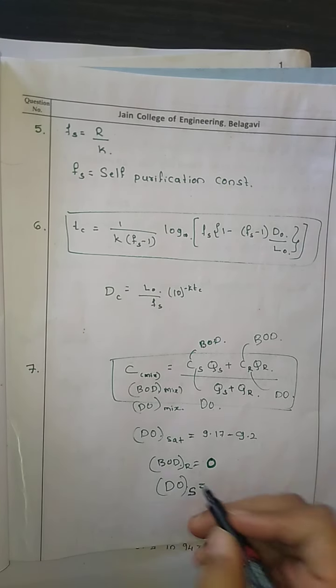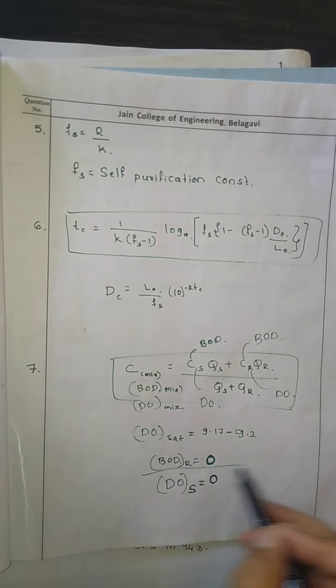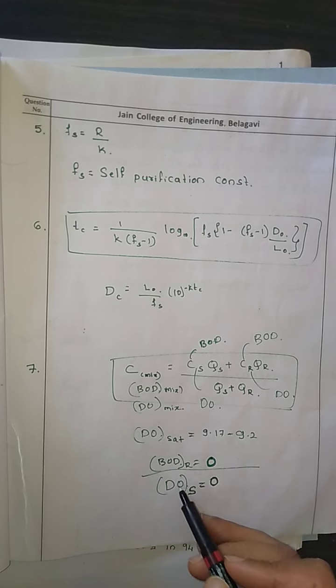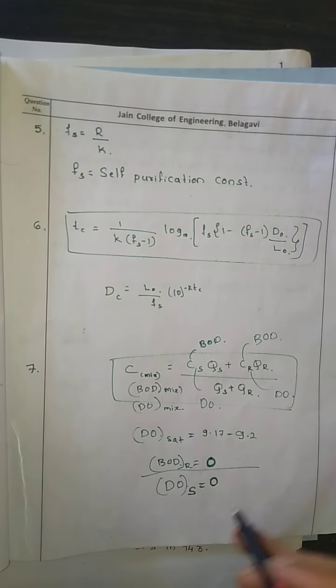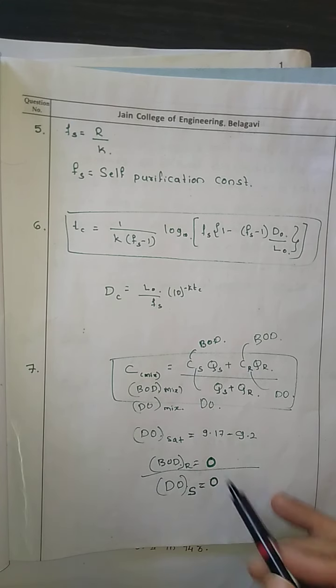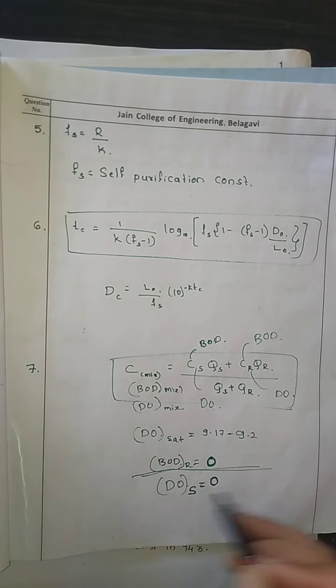Suppose it is not given, then we should take it as 0. So if the BOD of a river is not given, it will be taken as 0. If the DO of a sewage is not given, we should assume it as 0.